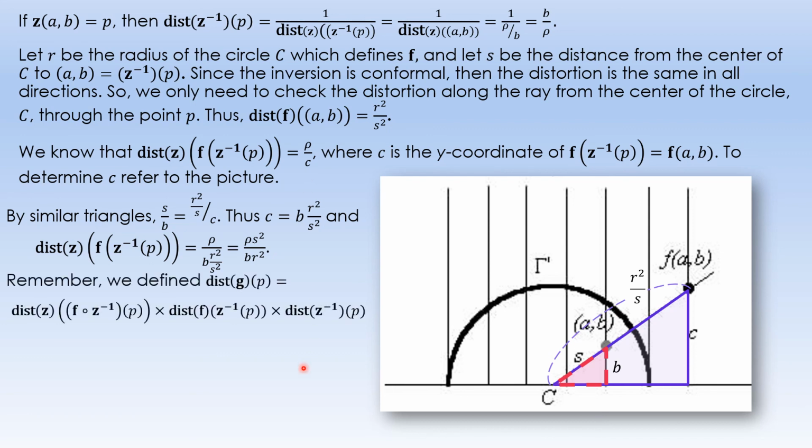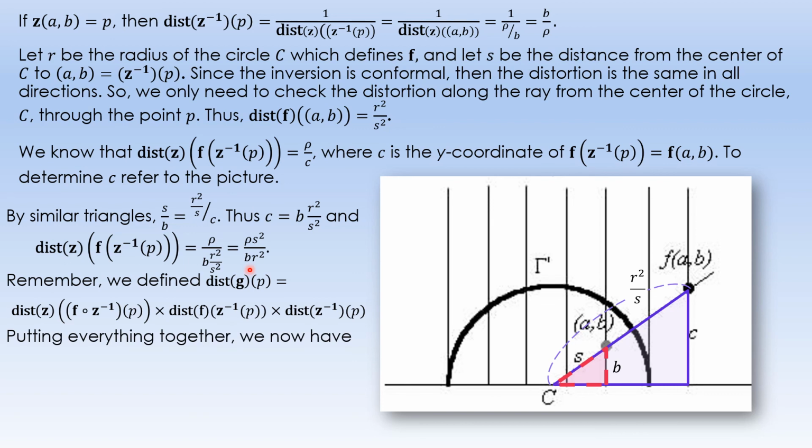Remember, at the beginning of the proof, we had defined the distortion of g at P to be equal to the distortion of z at f of z inverse of P times the distortion of f at z inverse of P times the distortion of z inverse at P. We have just found these three values in our proof, highlighted here, here, and here.